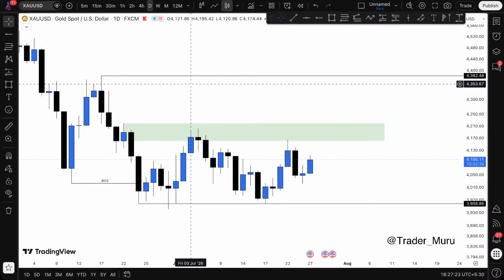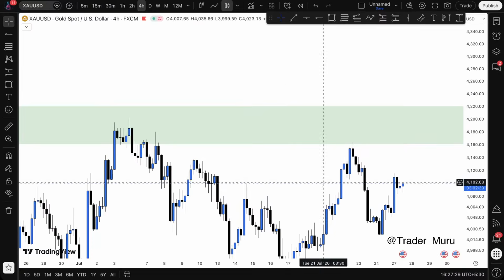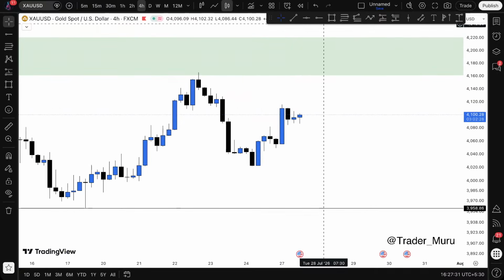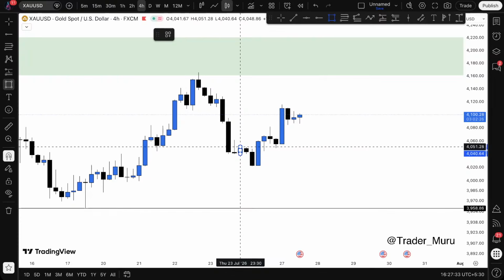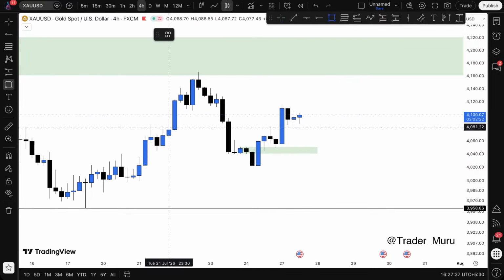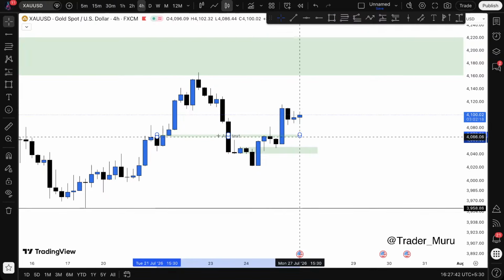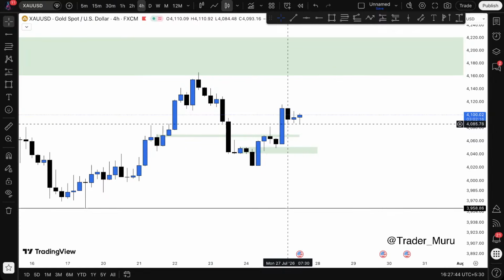Now let's see the 4-hour time frame. On Friday we were talking about that price is ranging on a 4-hour demand and it should hold its range for a while between this area, and I told you that Monday will be a gap up opening.